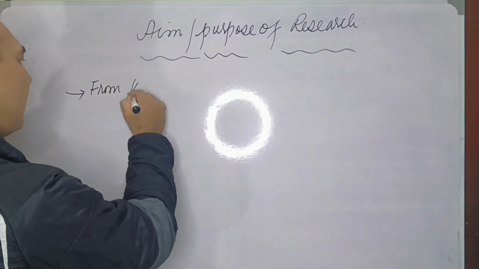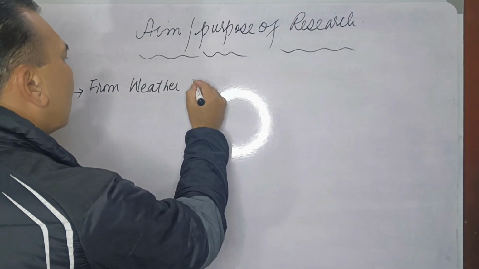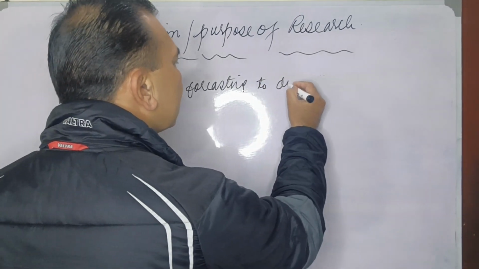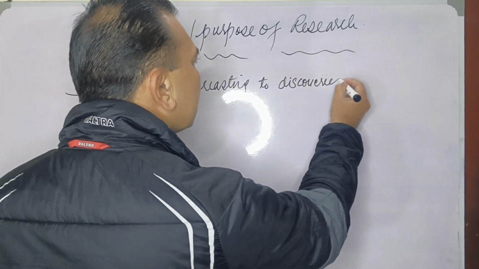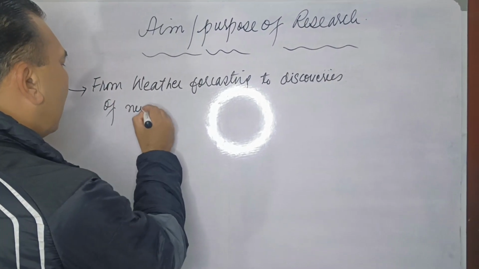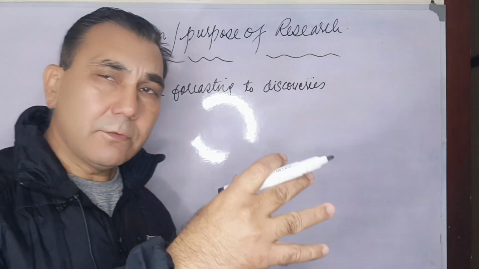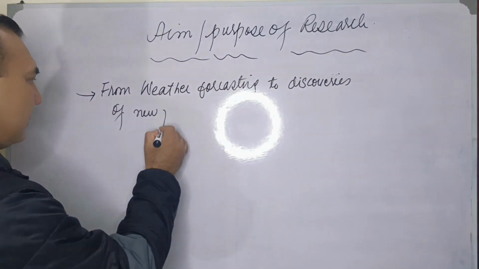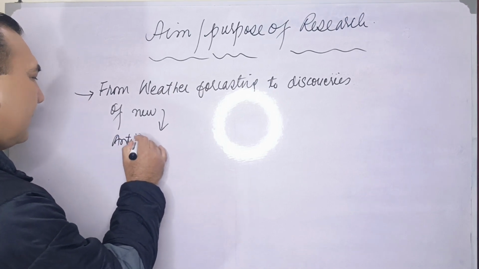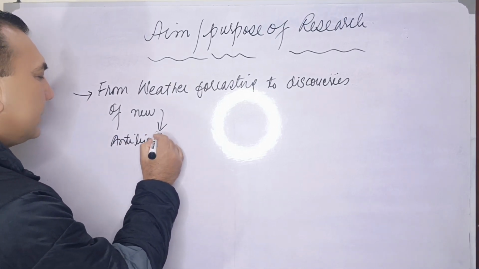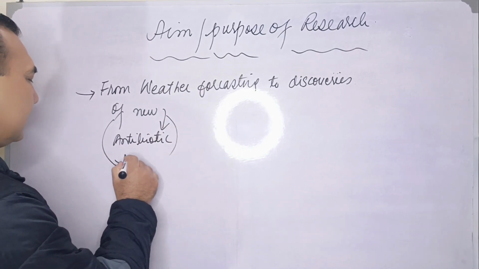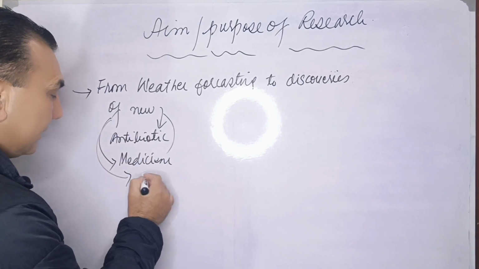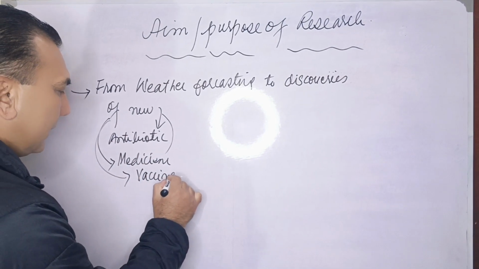From weather forecasting to discoveries of new things. From weather forecasting, still today we are discovering the new. What are the new antibiotics? New medicines? New technologies? What about vaccinations?